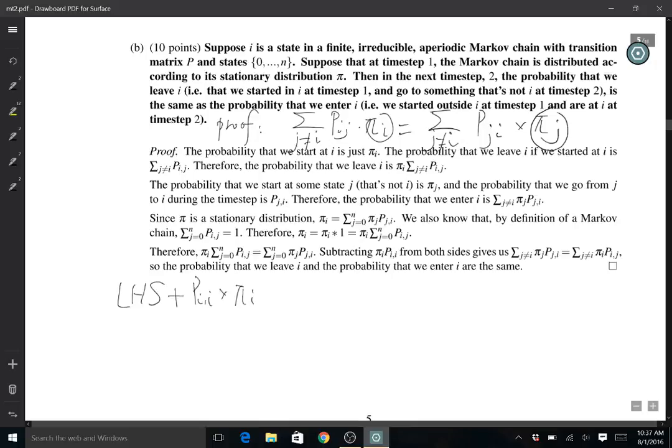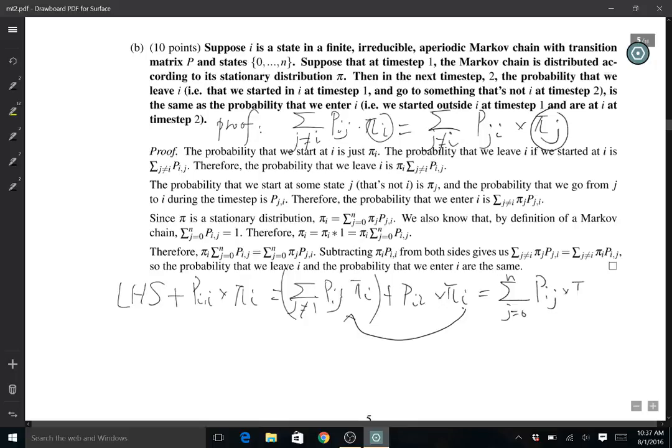Okay, so if on both the left-hand side and right-hand side we add Pii times pi i, first for the left-hand side we will get the summation over j not equal to i of Pij times pi i, plus Pii times pi i. This will further give us the summation of j equal to 0 to n, because this time it could be equal to i, of Pij times pi i.